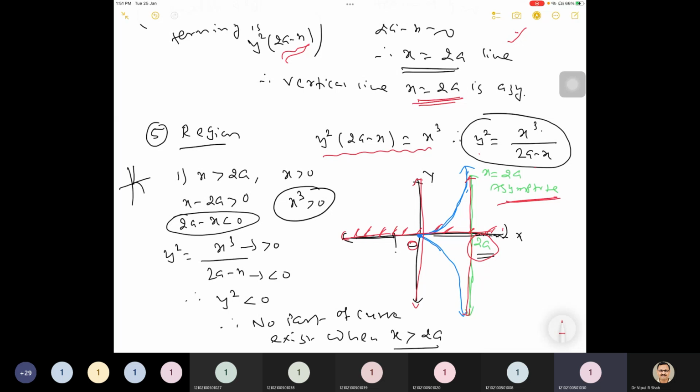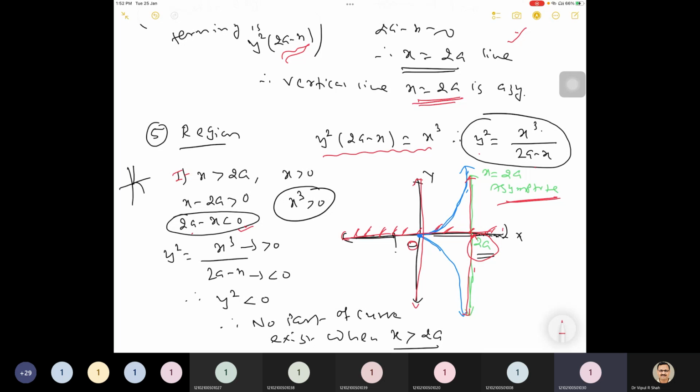Now see, we need to check the region. One is here. Asymptote is x equal to 2a. So x beyond 2a, if x is greater than 2a, then x minus 2a is positive. What about 2a minus x?